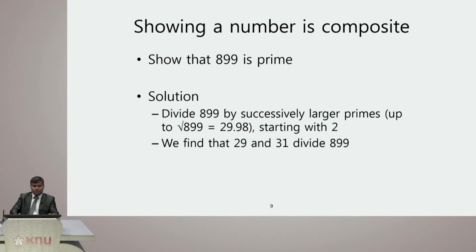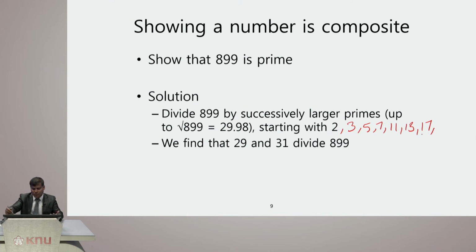29.98 which are prime. For example, we start with 2, then you can go on with other numbers like 3, 5, 7, 11, 13, 17 and so on.